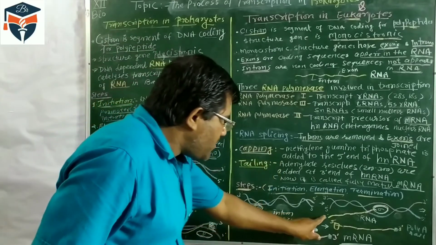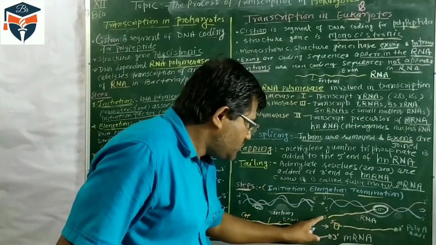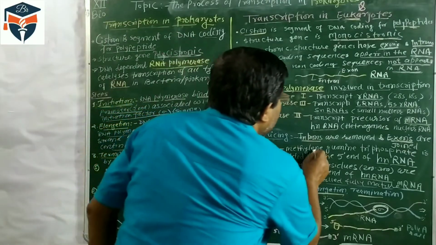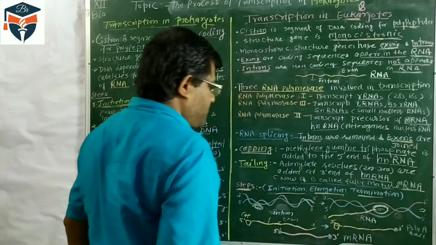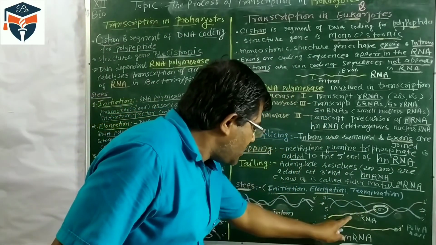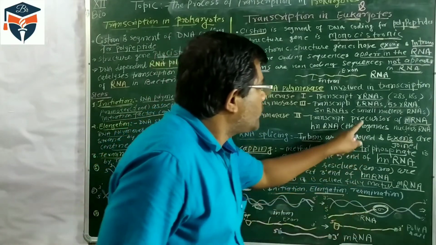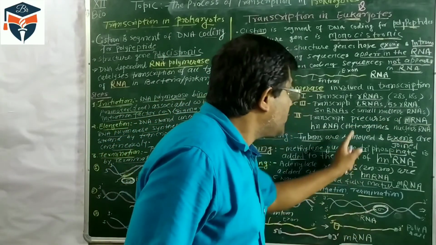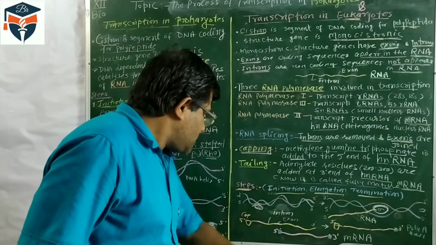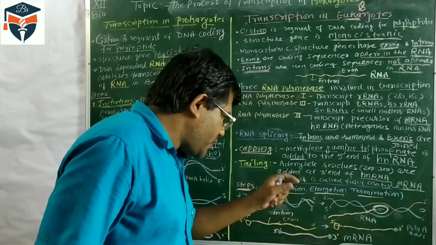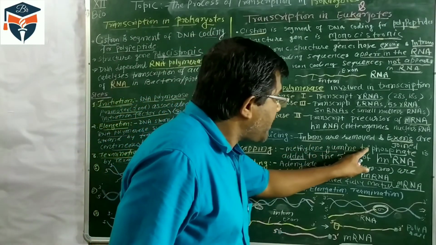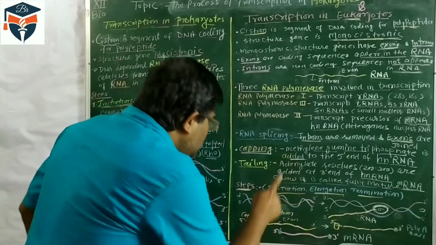When the RNA molecule is formed, this is the 5' end. So on the 5' end, methylguanine triphosphate is added. This is the RNA molecule, the precursor RNA, precursor of mRNA, in which introns are removed and exons are joined.